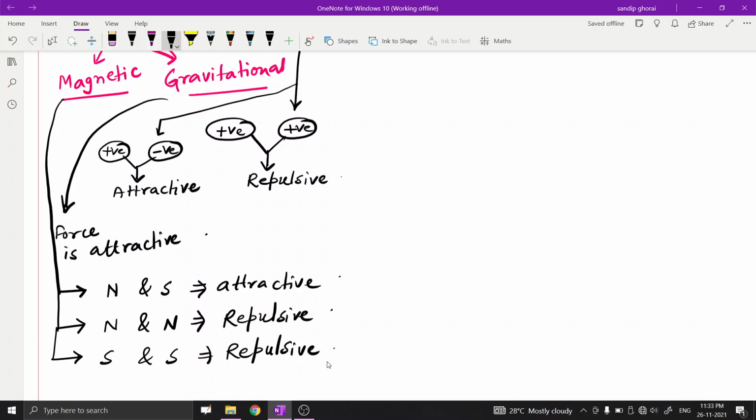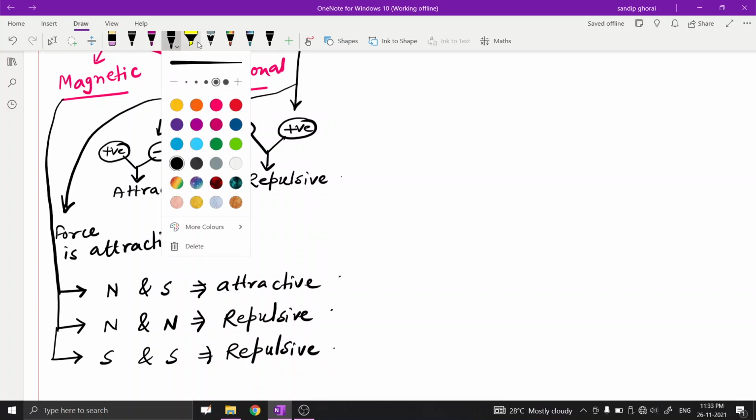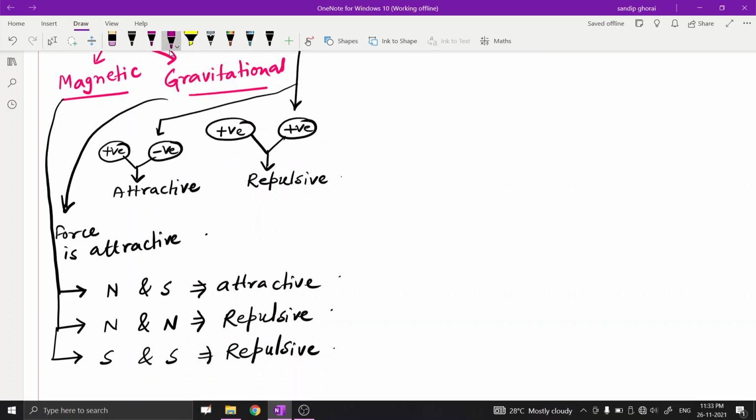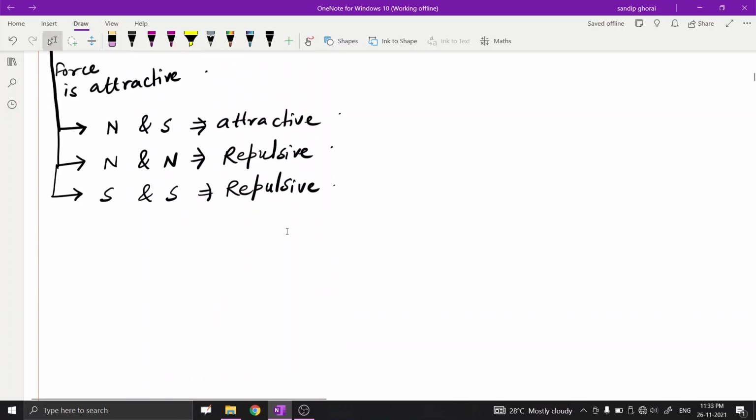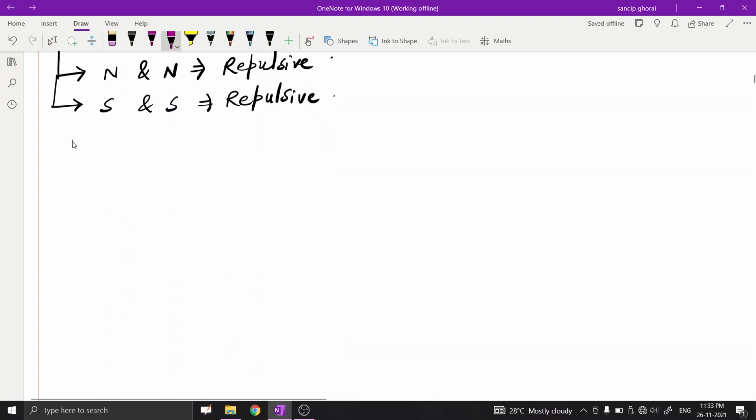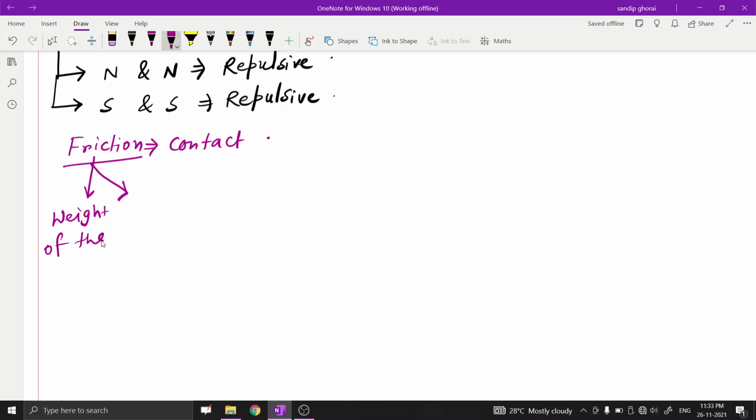Now the next part is, what is frictional force? Simply we can say that friction is one type of contact force, already discussed. This force depends on two parameters: one is the weight of the body, and the second one is the nature of the surface.